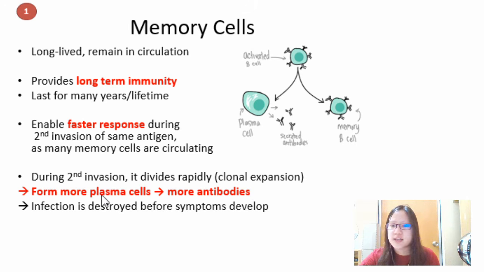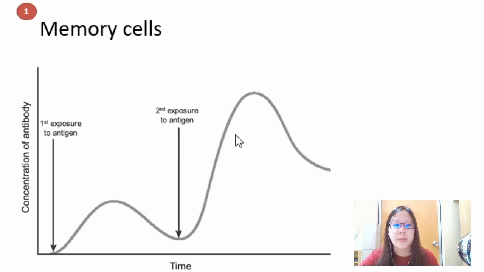And the infection is actually destroyed before symptoms develop. This is where we say that the host already has immunity, or the host is immune towards a certain thing. Maybe because the host has been infected with the same thing before or a similar thing and has memory cells in the body.